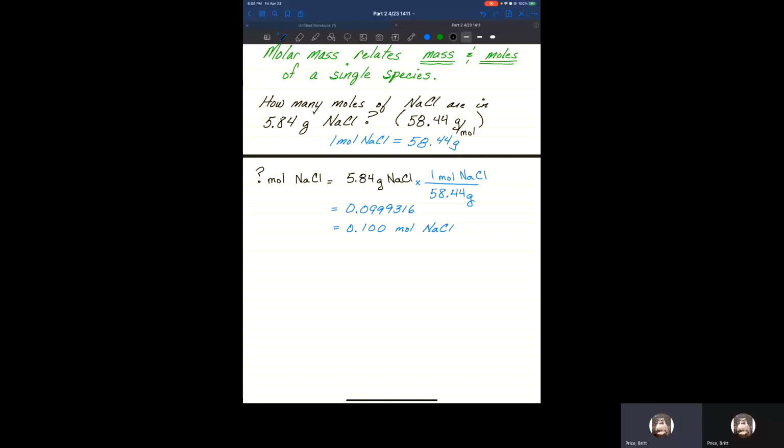So this was from a mass to moles. I guess we could call it that kind of conversion. We can do the flip side as well. Now this mass to moles is something that you did quite a few times.